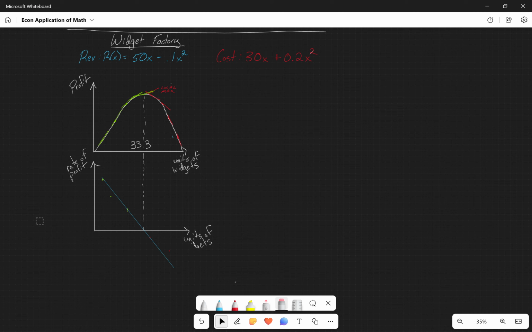Okay. So the other way that we can do this, right, we can take our profit function, where this is our revenue function, this is our cost function, right? And we can do this maximization ahead of time.